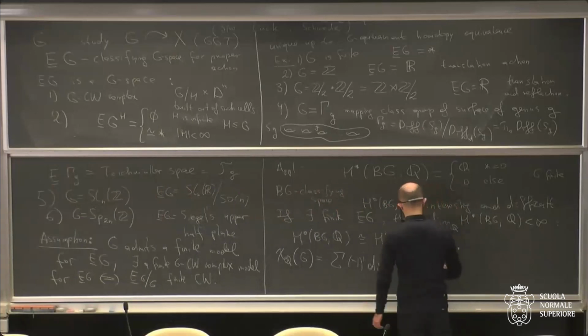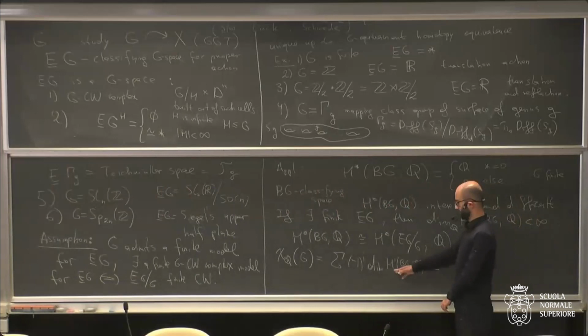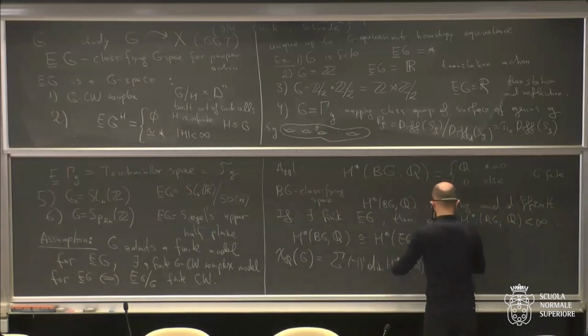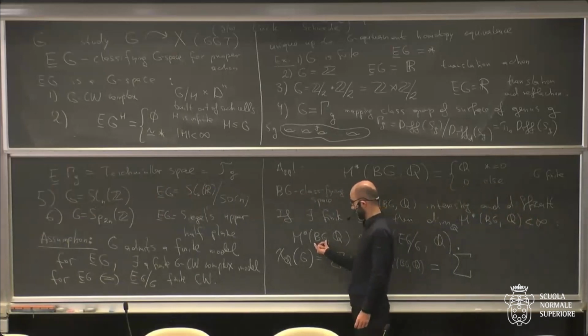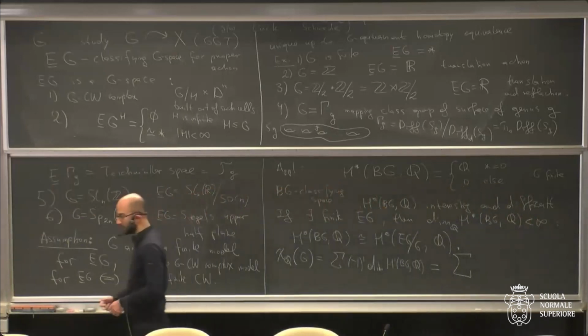Well, in general this is tricky, because then you need to understand exactly these cohomology groups, but there is a better way of doing it. And this isomorphism now tells me, well, the problem is that this is a priori an infinite space. As far as G has torsion, BG is an infinite space. So you can't use the cell structure of BG to compute this Euler characteristic.